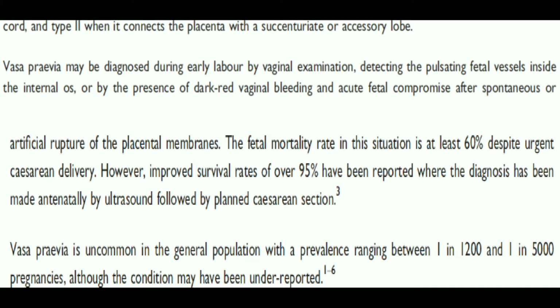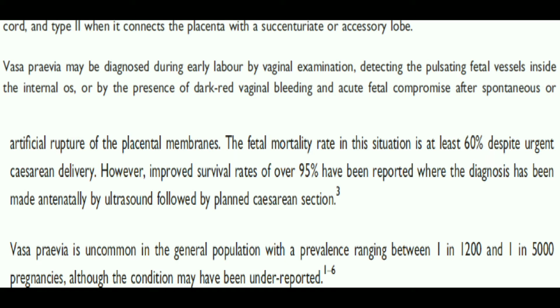Okay, so in early labor, if we find dark red blood whenever we do a vaginal examination, or fetal compromise in case of artificial or spontaneous rupture of membrane, then it should click in our mind that probably this is Vasa Previa. Okay, it's a very serious situation, and it's written that the fetal mortality rate in this situation is at least 60% despite urgent cesarean delivery.